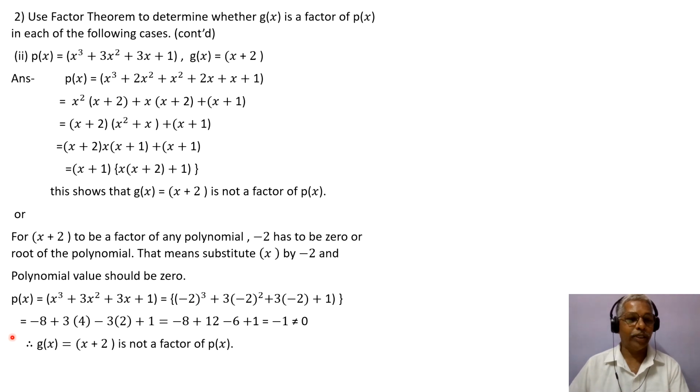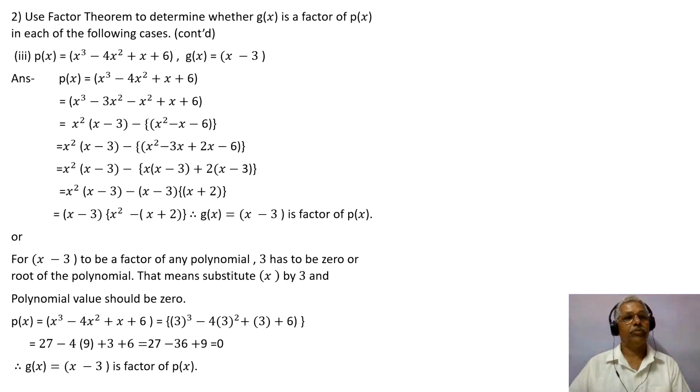Now solve this: minus 8 plus 3 into 4 minus 3 into 2 plus 1, so minus 8 plus 12 minus 6 plus 1. This comes out to be minus 1 but not 0. As the value is not 0, g(x), which is x plus 2, is not a factor of p(x). Very simple.